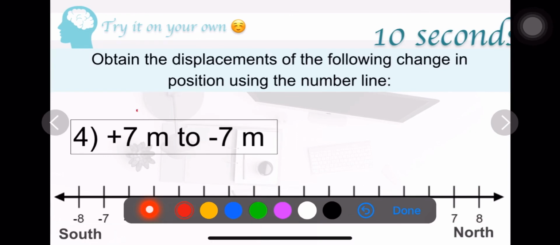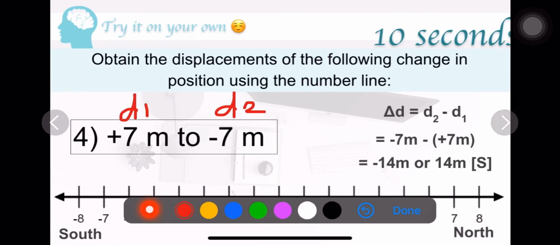So this is D1, this is D2. To simply get the displacement, let's use the formula. Negative 7 is the D2, and then minus 7. So negative 7 minus 7 becomes negative 14 meters, or 14 meters south.